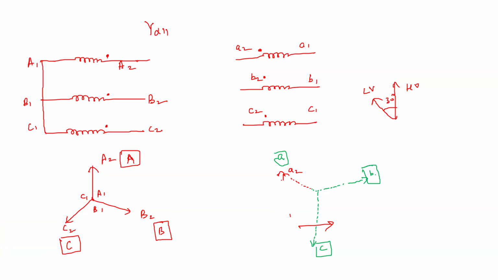Okay. This is A1. So this A1 is connected to C2. Then you see this has to be B2. And also you have to follow this.